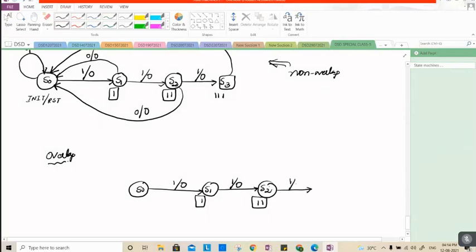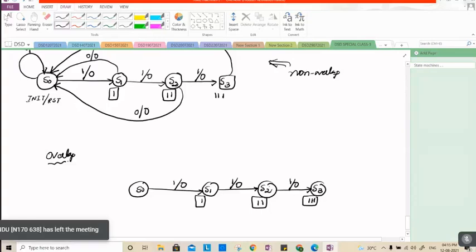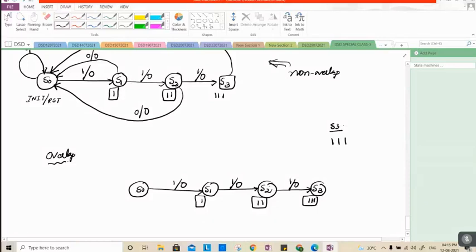After S2, if the input is equal to 1, it moves on to S3. S3 is a state which says that 1, 1, 1 is detected. Now after S3, the overlapping condition.